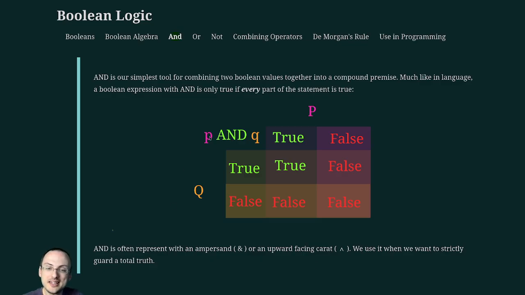Say we've got P and Q. We've got a variable P, we've got a variable Q. To make it easy, let's think about it in the terms Boole did. The example I always like to use for and is the sentence: it is sunny and it is rainy. So P will be it's sunny, Q will be it's rainy.